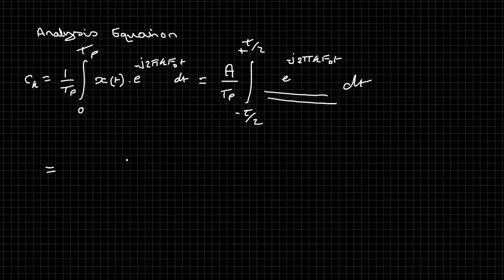Integrating an exponential is of course simple, which is why we like exponentials. We simply begin by writing down the exponential as it was before integration. We then look at the exponent, which is this part here. We take the derivative of the exponent with respect to time, and then we divide our exponential by that result.